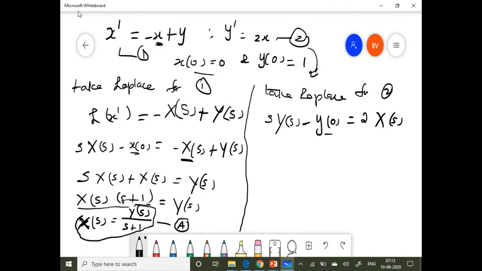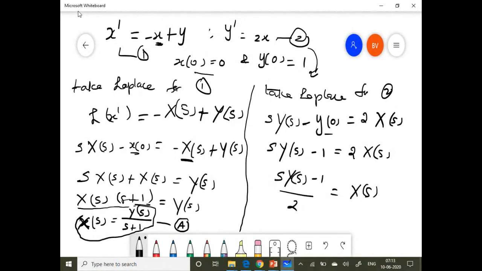So in the next step you get s times Y of s minus 1, which is equal to 2 times X of s. We derived X of s for the first equation, so here again we are going to get X of s. So keep y and x separate. Y of s minus 1, divided by 2 on both sides, will be X of s. Isn't it? This is our second result.